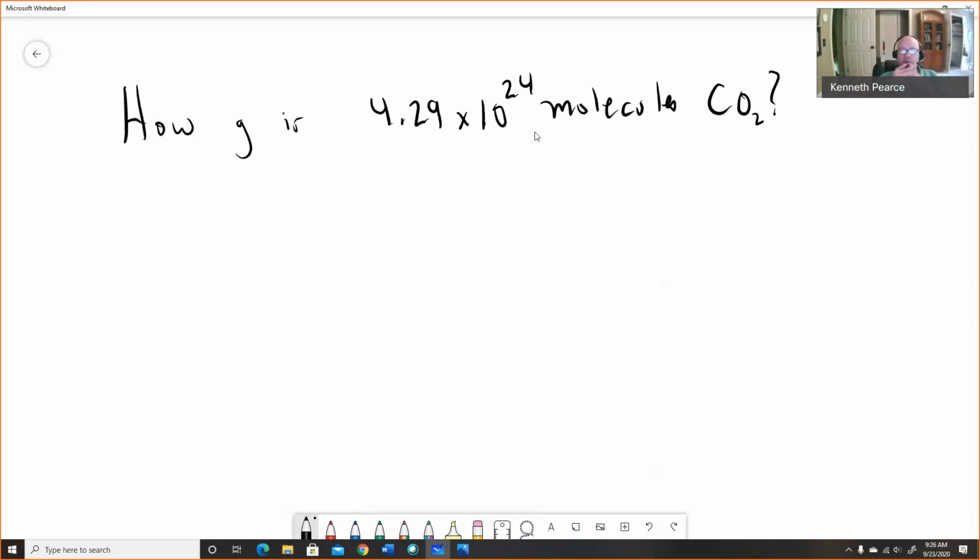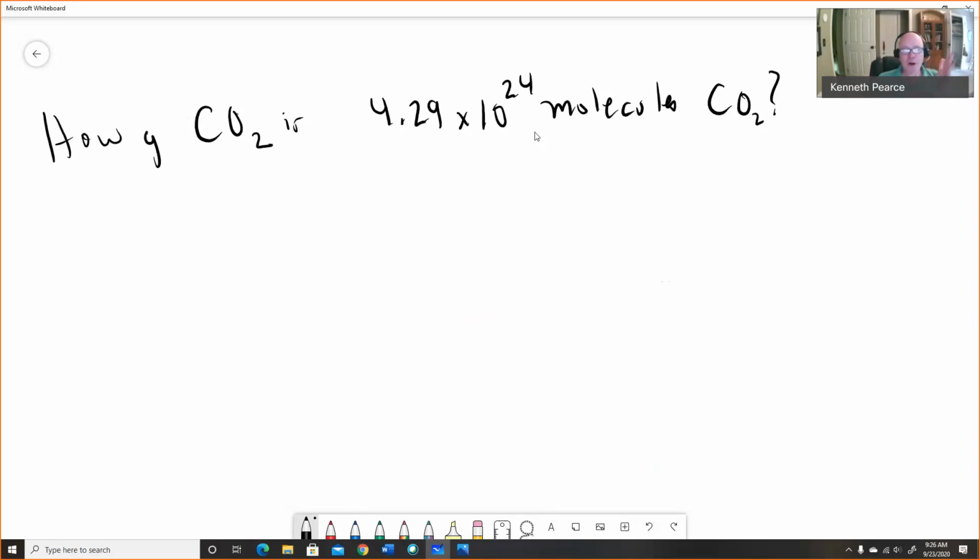Okay? Now, we look at this problem very carefully. And anywhere where we see grams, and why don't I, just to make this a little bit more clear, we say how many grams CO2 is 4.29 times 10 to the 24th molecule CO2.